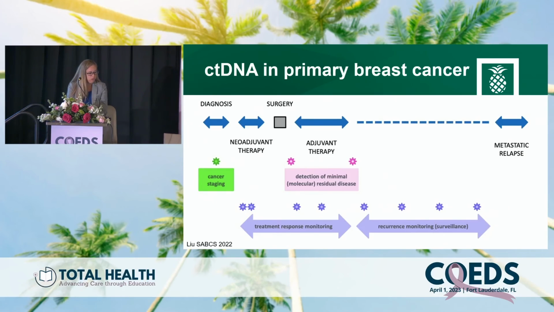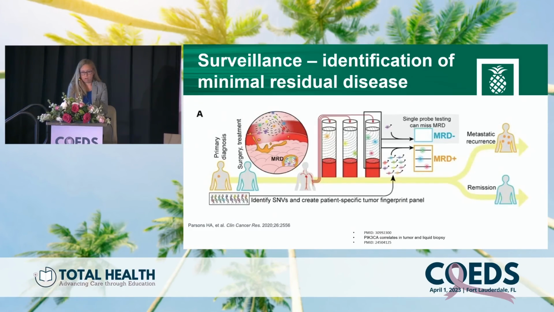And I know certainly there are some breast oncologists that are using this strategy of identifying minimal residual disease, basically that an assay such as the Signatera assay would take the primary tumor, look at the mutations that are in it, and then develop a probe that can be used for blood testing in the adjuvant setting to look for emergence of those mutations.